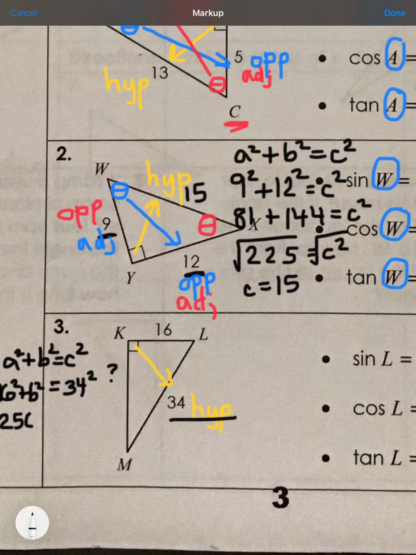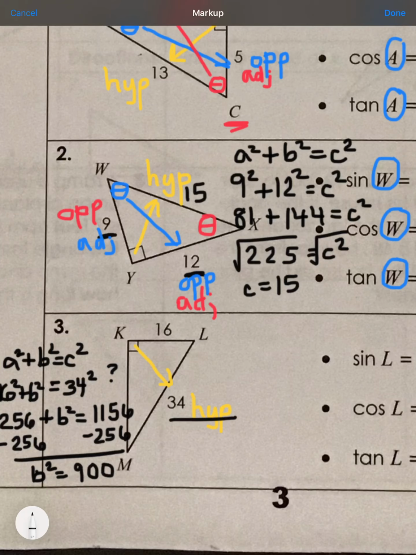And then we can fill in 16 for A. So 16 squared, might need a calculator, but that is 256. And 34 squared is 1156.